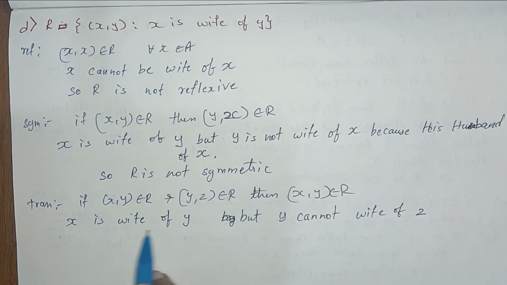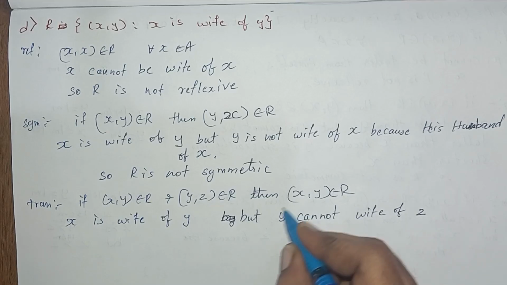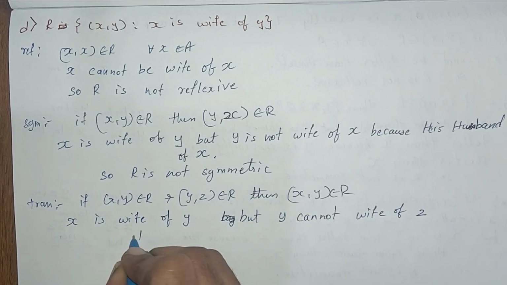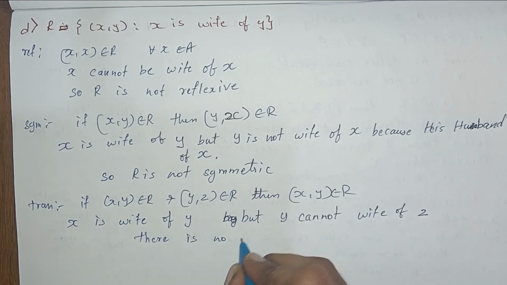Like your mother is a wife of your father. Can your father be a wife of some other person? No, it cannot be. There is no such pair where y comma z.